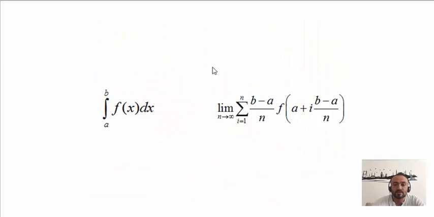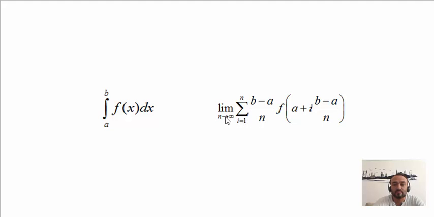Hi friends, we are going to talk about integrals in this video again. As you remember, in one of our previous videos about integrals, we reached a result that the integral is a special sum, a continuous sum, and it is represented by this kind of sum under a limit.